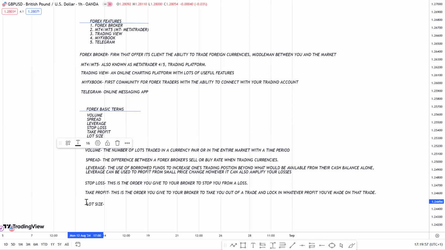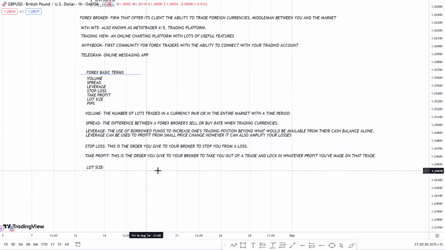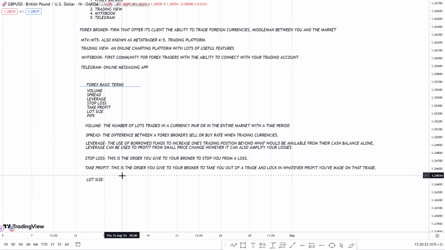Your lot size will determine how much you're willing to take on a trade, also with your stop loss. You understand?